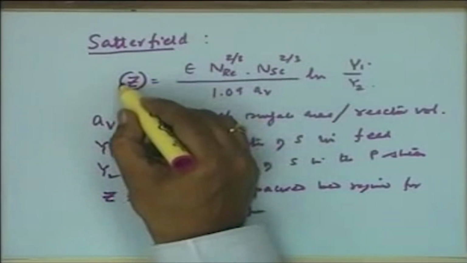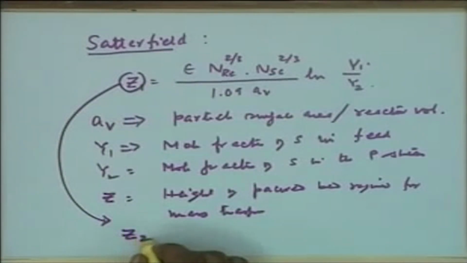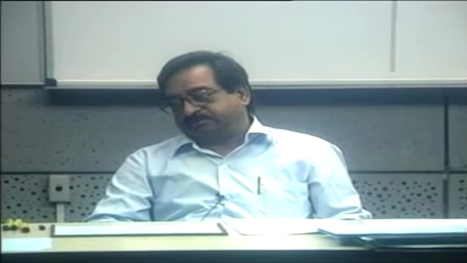Let us say this is Z1, and you require Z2 based on biochemical reaction, if you just calculate the idealized reactor performance equation and calculate the height of the reactor required and compare the two values, that gives you an identification whether film diffusion is controlling or not. And essentially, the one which is larger has to be used.